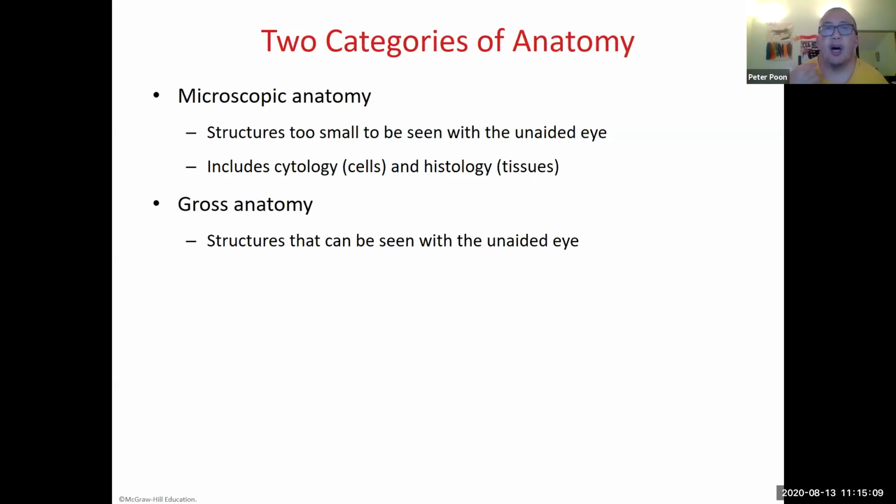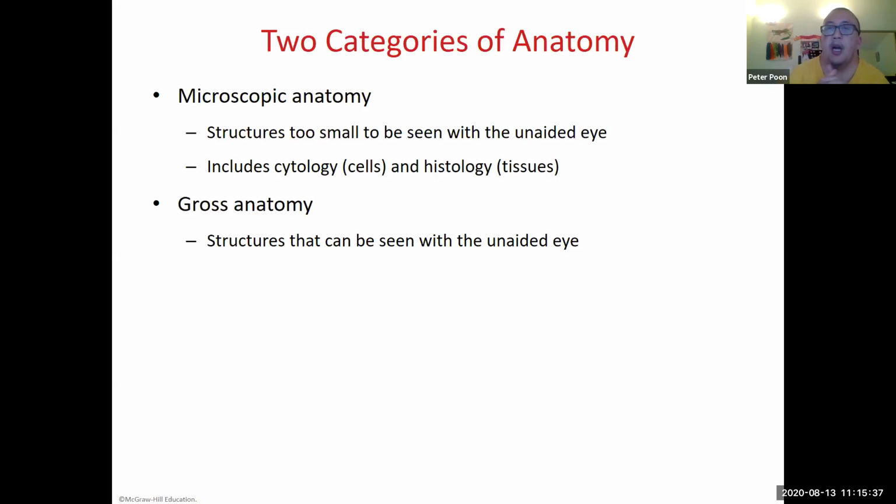The two categories of anatomy: microscopic anatomy, which uses a microscope, includes two things: cytology, the study of cells, and histology, the study of tissues. Cells, the parts and components of a cell, are in chapter 4 of this book. Histology is chapter 5.